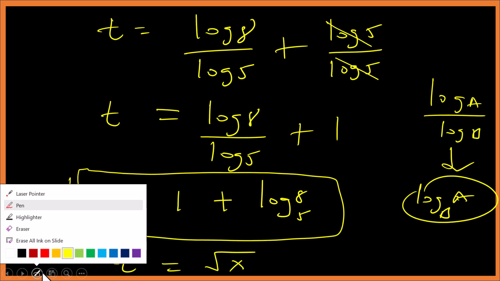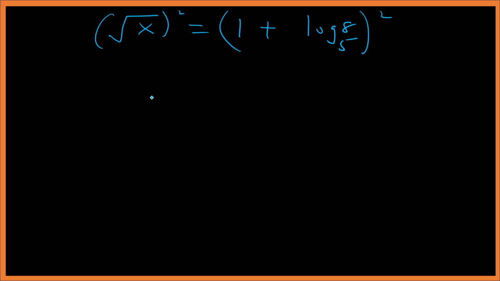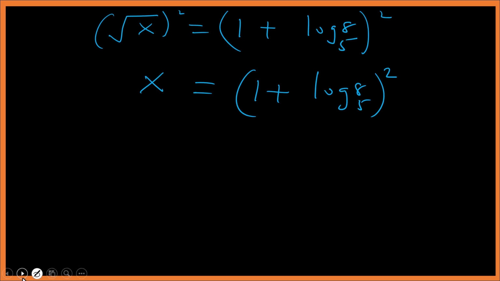Okay, so if I do substitution, this side will be root x equals 1 plus log 8 to base 5. Therefore, x will be, so I have to square both sides. My x will be 1 plus log 8 base 5, all squared. That's the answer.